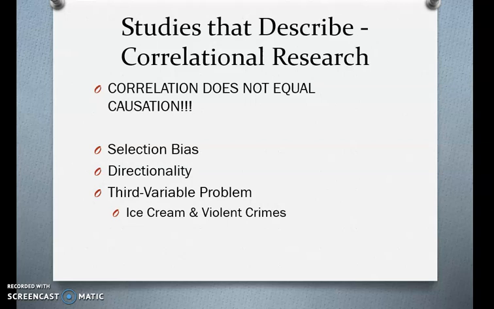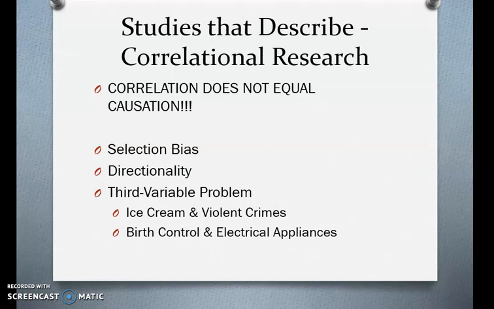As temperature increases, people want to buy more ice cream. So as temperature goes up, so too do ice cream sales. Also, as temperature goes up, violent crimes increase. So temperature is causing both ice cream sales to increase and violent crimes to increase independently of each other.